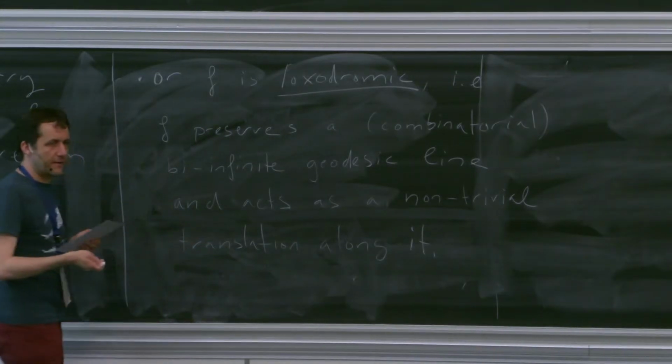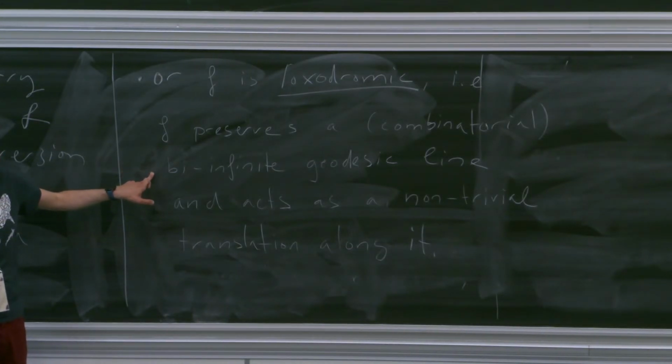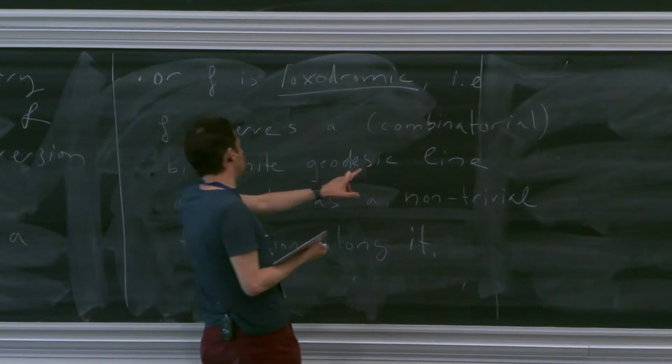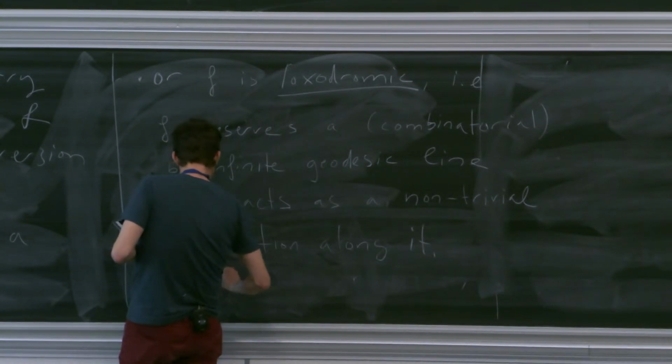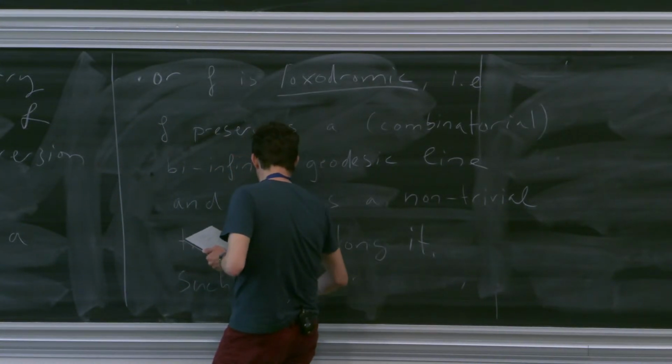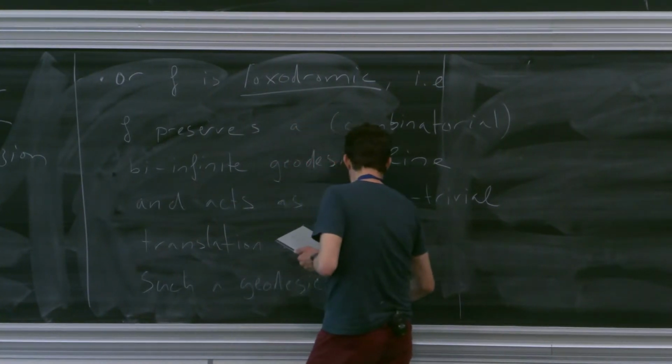So basically there exists a geodesic line that is preserved by f, and the restriction is just given by translation. Of course, in general, there exist many such geodesics. It's not a unique one. Such geodesic lines are called axes of f.